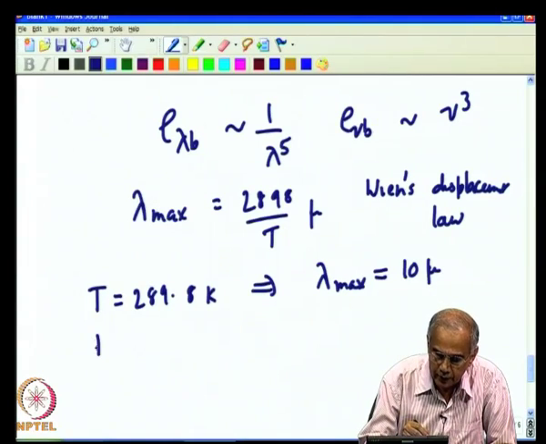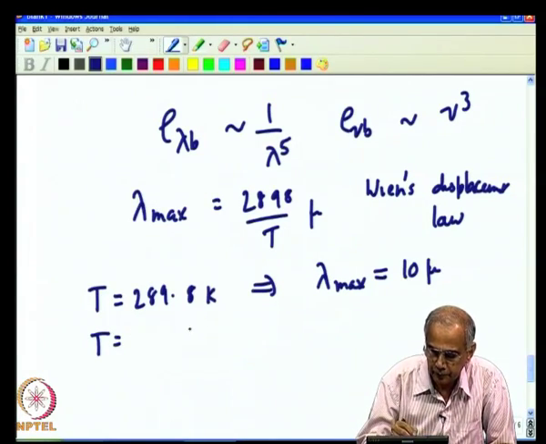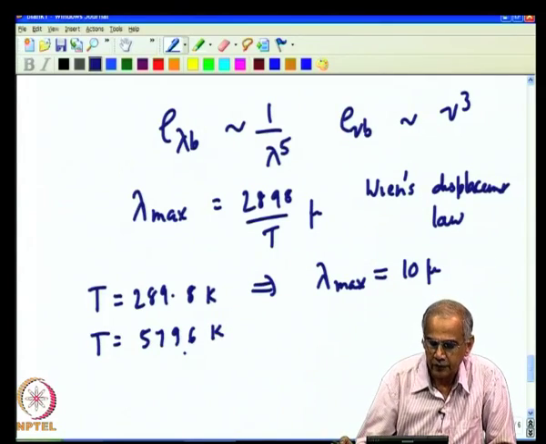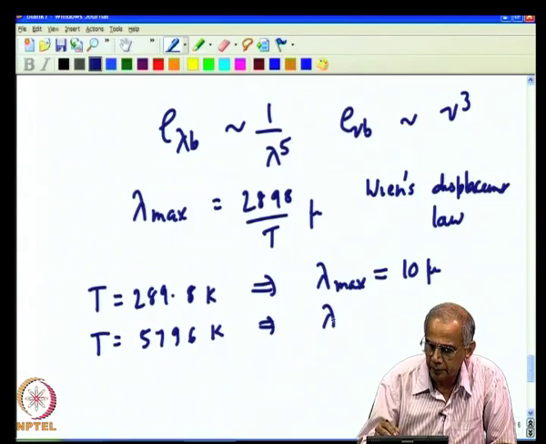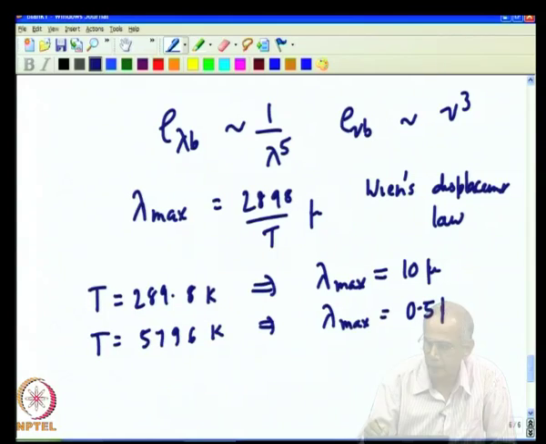On the other hand, if you look at the sun's emission, assume sun is a black body at 5796 Kelvin for convenience, then you will find that the maximum radiation occurs at 0.5 micron. So, you can see that there is a huge difference in where the maximum radiation lies.